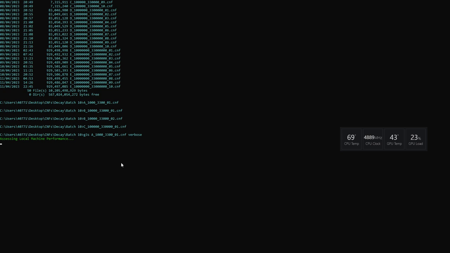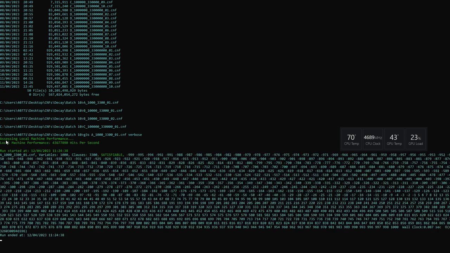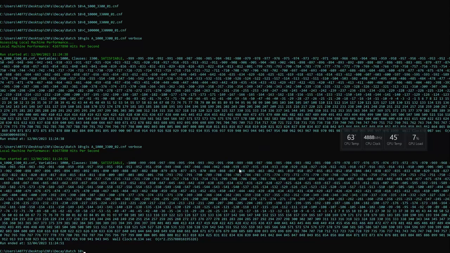Once this step is done, the formula has been solved, and this is one of the solutions. Probably there are more. Let's pick another one and see how it goes. Yeah, it goes fast. These files are actually the smallest ones, the A batch, with 1,000 variables.